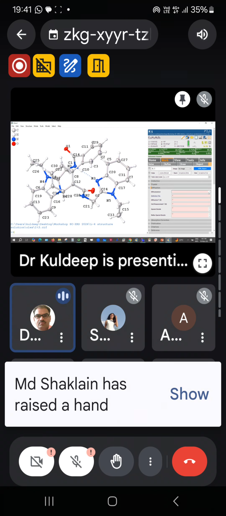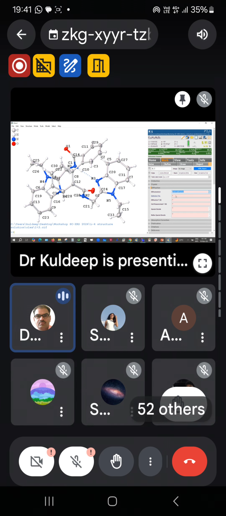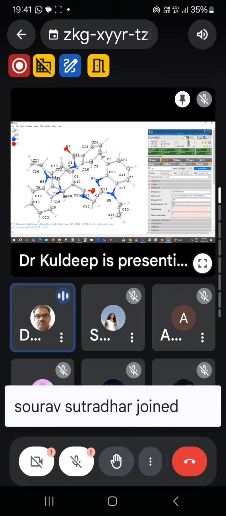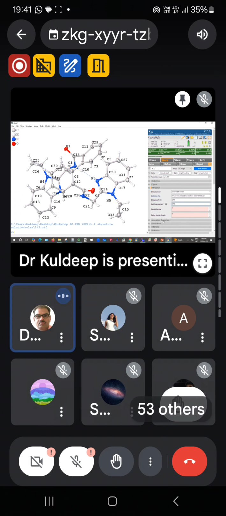And then come to the diffractometer. The diffractometer generally is FX4, Bruker D8, or other diffractometers. Then temperature at which you have collected data. Suppose I have collected data at 298 Kelvin, room temperature. Then special detail you can fill. Then absorption correction. There is the option absorption type. Generally, the absorption type is multi-scan.